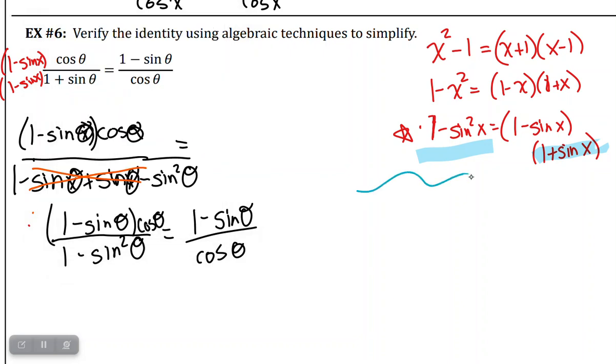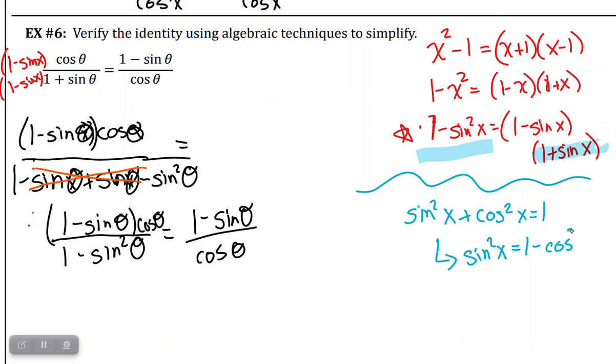One other thing that comes up a bit is this idea of a Pythagorean identity and manipulating it. Just moving it around, and we saw that with the other identities. So if I subtract cosine squared, sine squared x equals 1 minus cosine squared x, okay? So this is equivalent to this. Or what we could do is subtract sine squared x. So then cosine squared x would be left by itself, and then it would be 1 minus sine squared x.